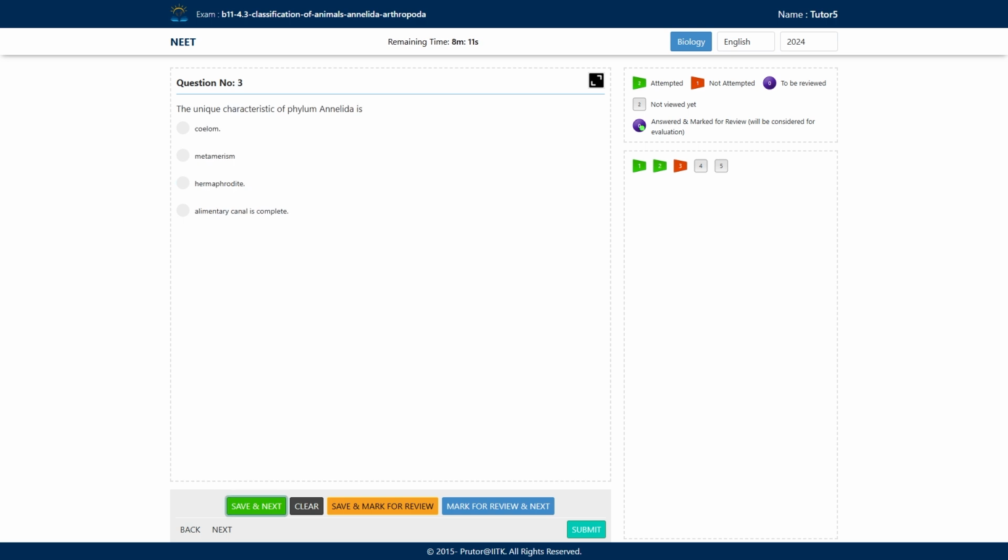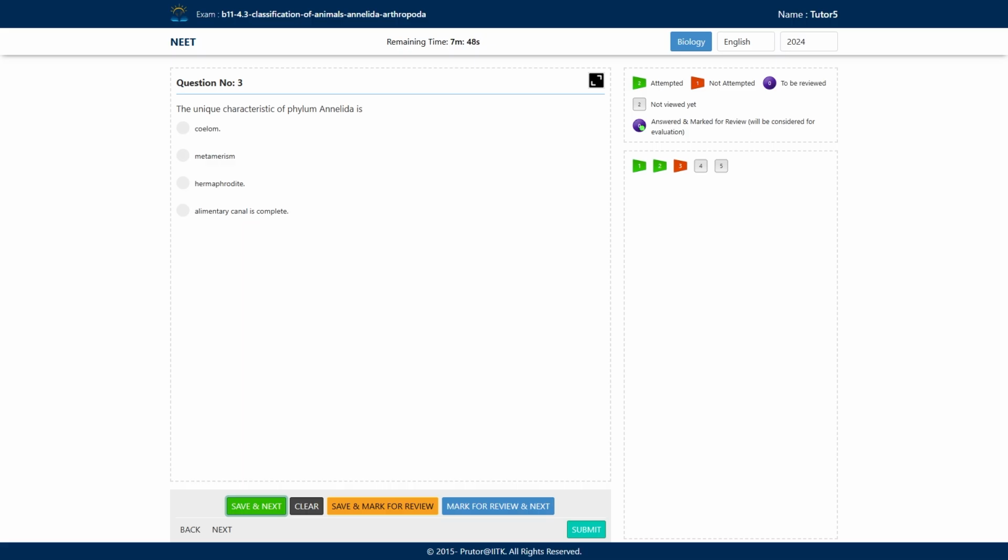Move to our next question. The unique characteristic of the phylum Annelida: A. Coelom, B. Metamerism, C. Hermaphrodite, D. Alimentary canal is complete. What is the unique feature of the phylum Annelida? Presence of coelom, metamerism, hermaphrodite, alimentary canal is complete.